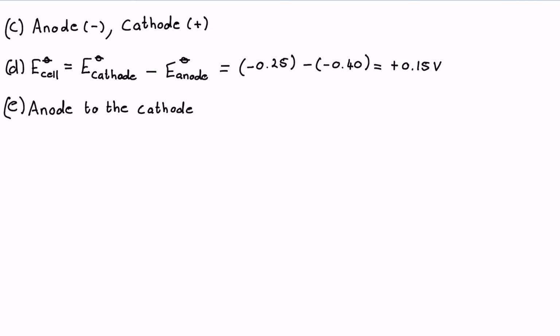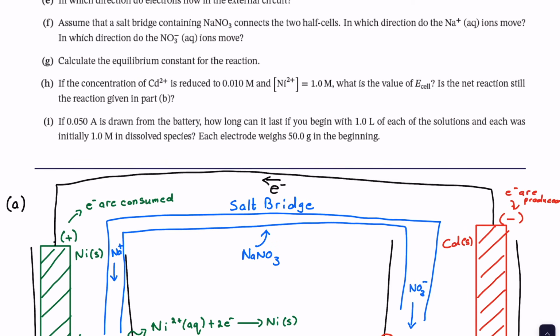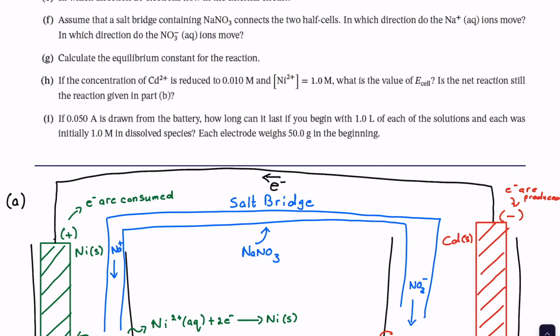Okay, so let's look at F. And F now asks us to elaborate a bit on how the salt bridge works. So it says, assume the salt bridge containing sodium nitrate connects the two half cells, right? That's why I chose sodium nitrate, because I knew that F was the question that comes.